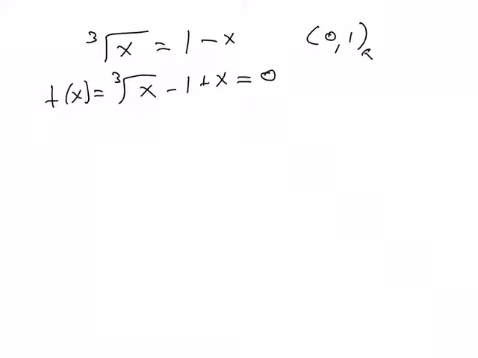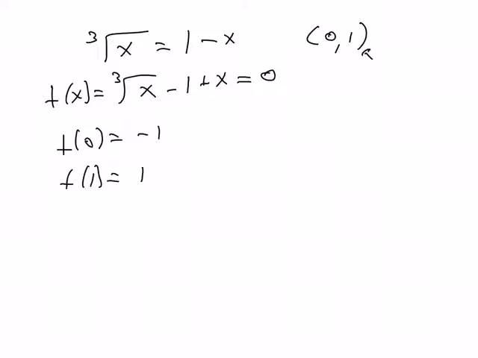We want to show that f of x is sometimes equal to 0. So what is f of 0? f of 0 is 0 minus 1 plus 0, so it's minus 1. And f of 1 is equal to 1 minus 1 plus 1, which is 1.